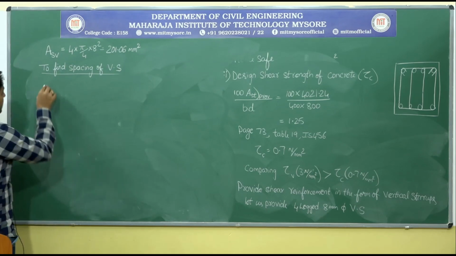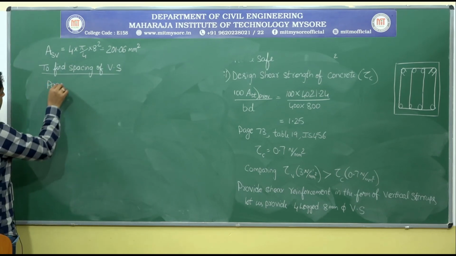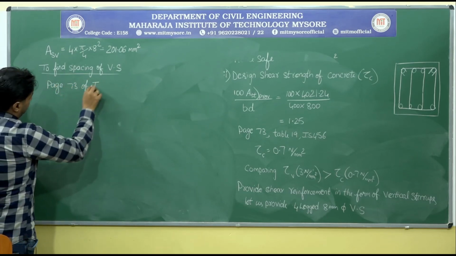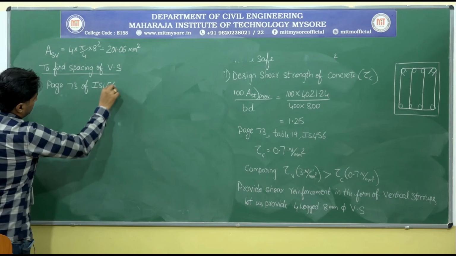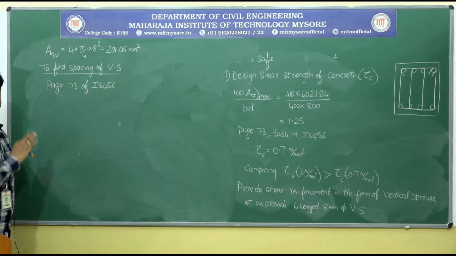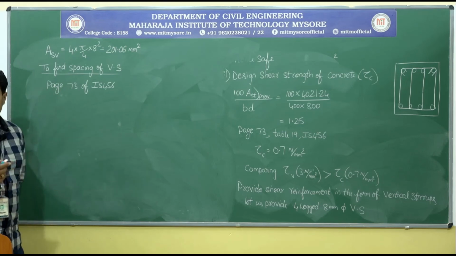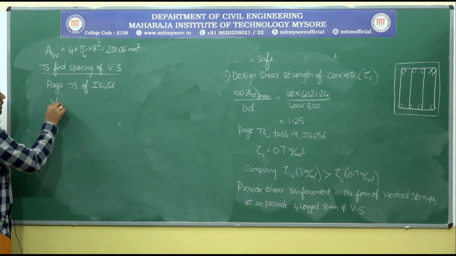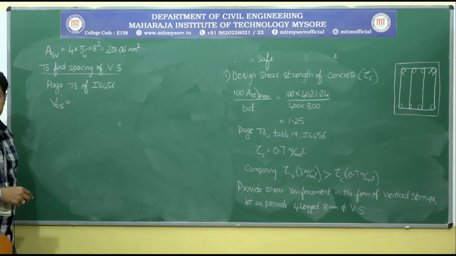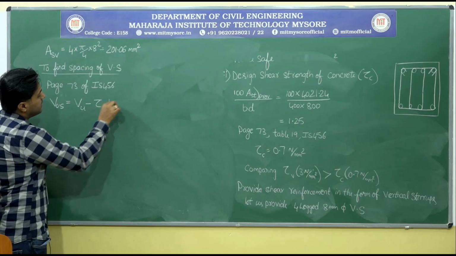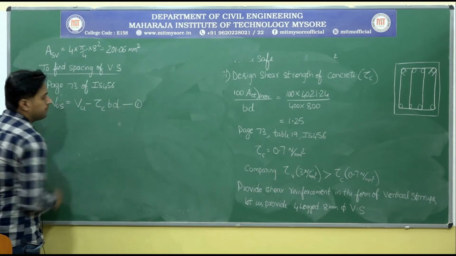So from page 72 or 73 of IS 456, I think you people remember, you have studied all these things in your RCC, design of RC structural elements. So page 73 of IS 456, you have a formula like this. VUS is equal to VU minus tau C into BD. Let me call this as 1.